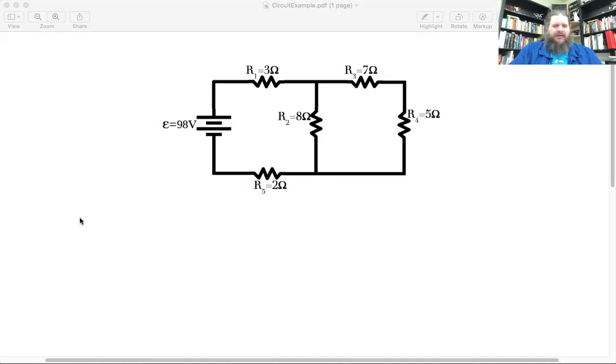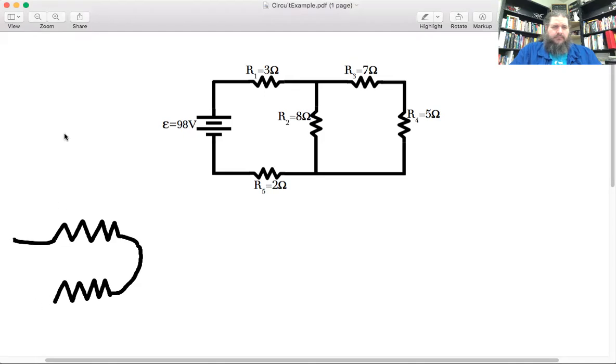If you have something like this resistor and this resistor, but they're connected like this, then those 2 resistors would be in series with each other because they're on the same path. You've got current coming in through one of them and current going through the other one.